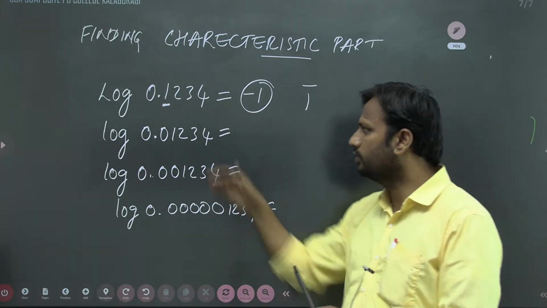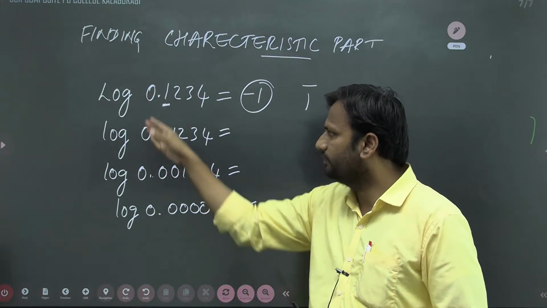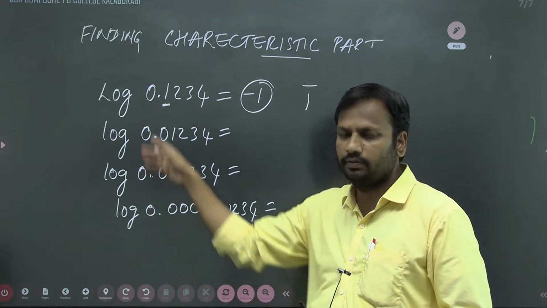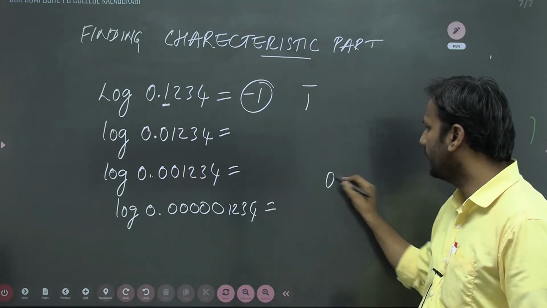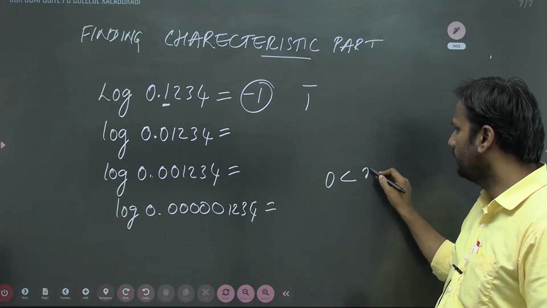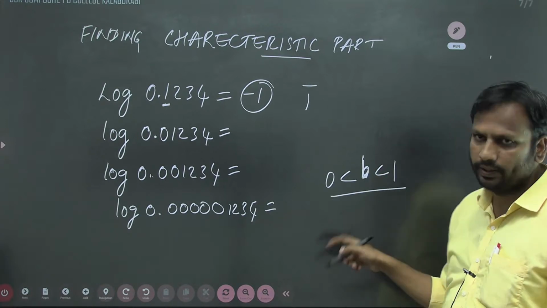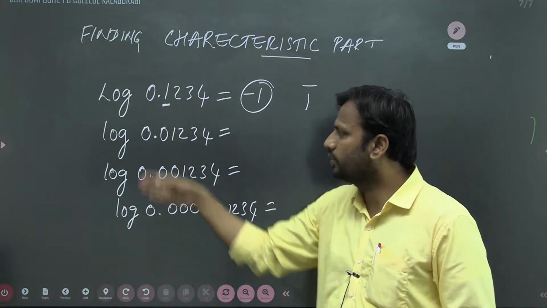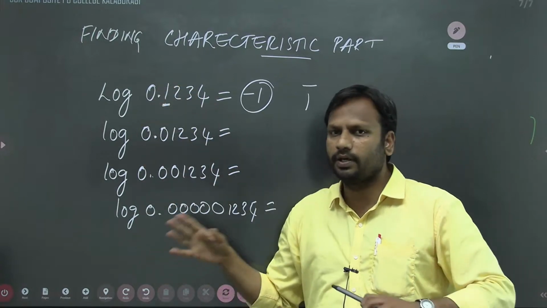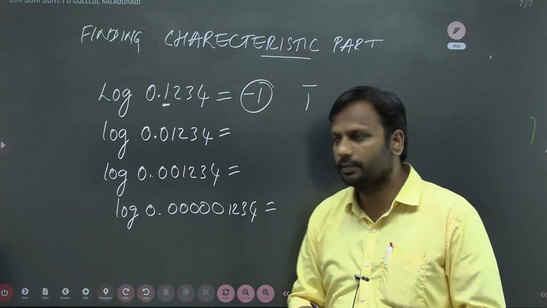Now you see, students, go for the second one here. If there are no digits here, only zeros they have given, these numbers lie from 0 to 1, right? So you can't say it's a 1-digit number or 2-digit number, all are 0-digit numbers. Now what to do to find the characteristic part?